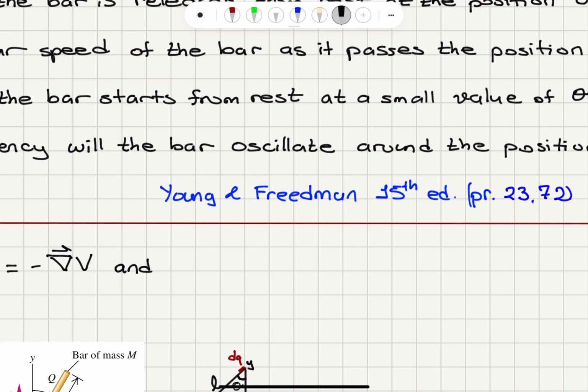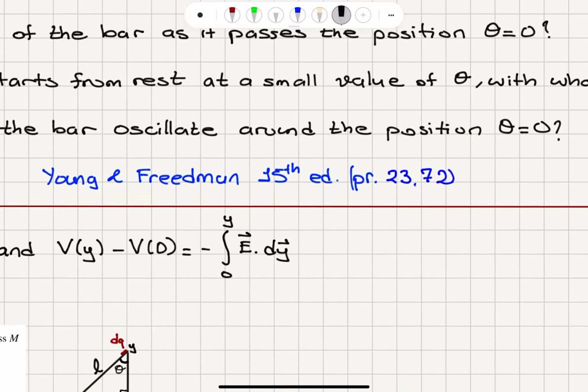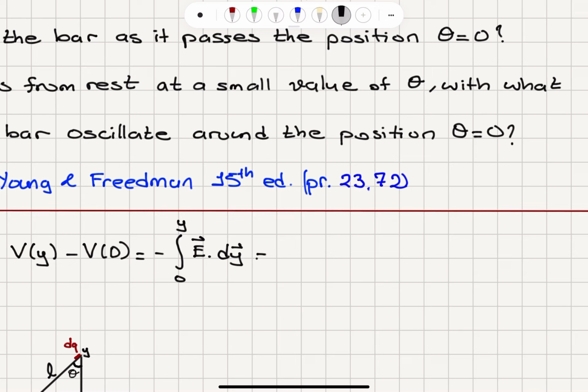If you would like to know the potential at position y, V of y minus V at y equal to 0 is minus the integral from 0 to position y of the electric field dot product with the displacement dy. Now if I substitute for the electric field, it's a spatially uniform electric field, E j hat.